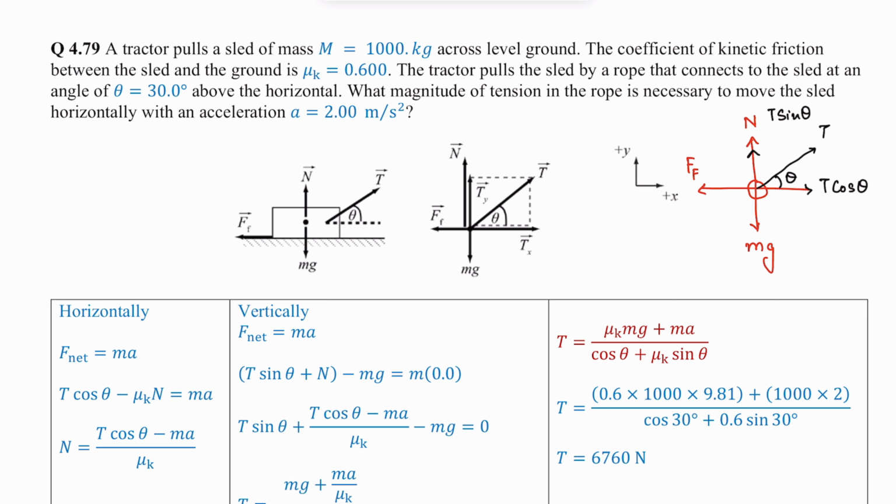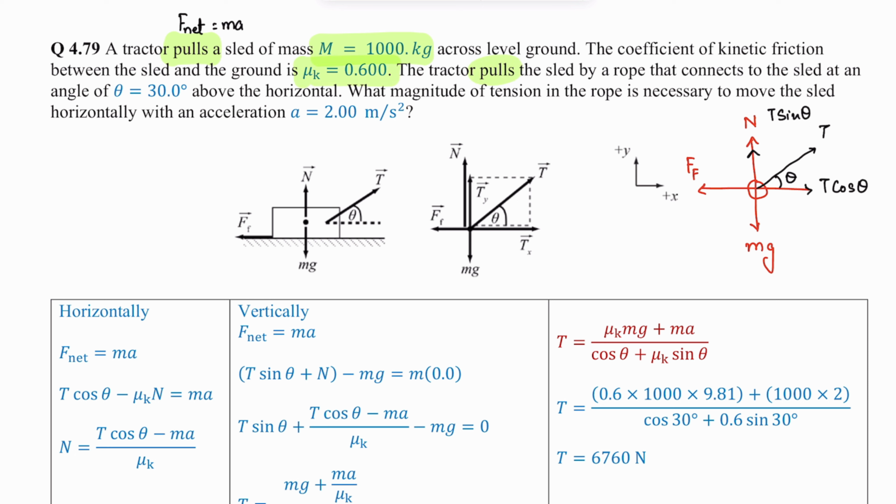Okay. A tractor pulls. Now you have the free body diagram with F net. This is called F net, which is equal to M times A. A sled of mass, okay, mass is given, across a level ground. The coefficient of kinetic friction between the sled and ground is mu, given.